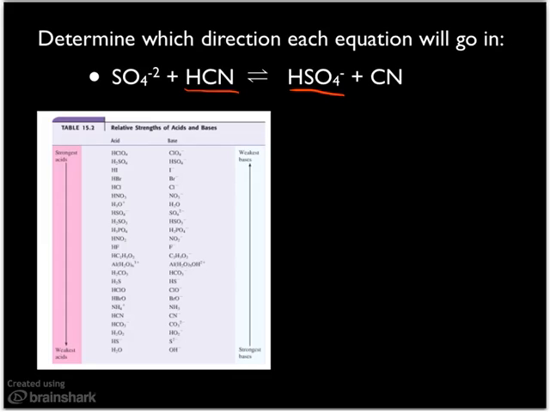Those are the two that you're going to try to locate on this table. HCN is down below, and HSO4 minus is up here. So the HSO4 minus is going to be stronger, which means this equation is going to shift to the left. Because the HSO4 minus is stronger, it's going to completely ionize, so it's going to go to the left to be able to do that.